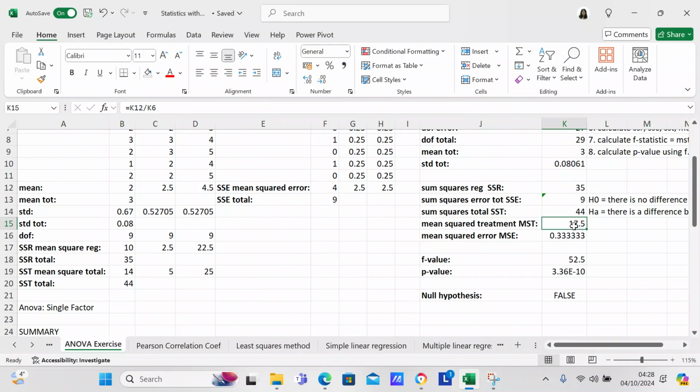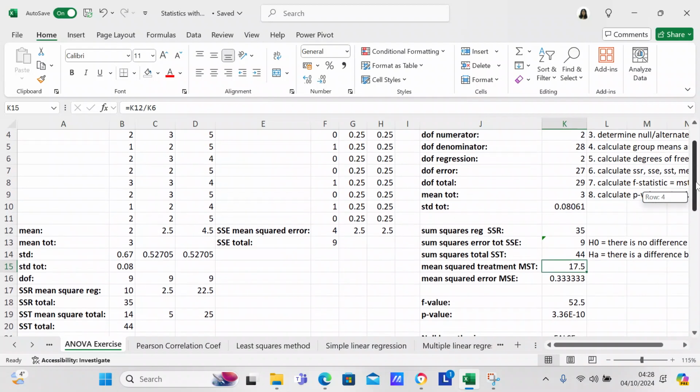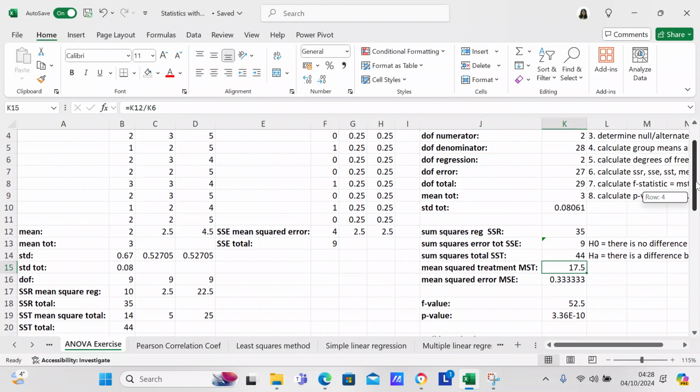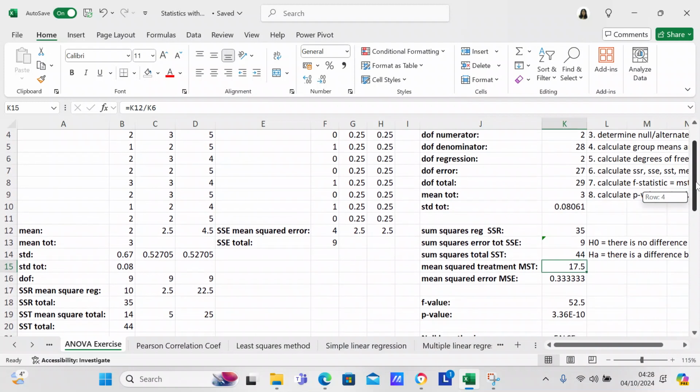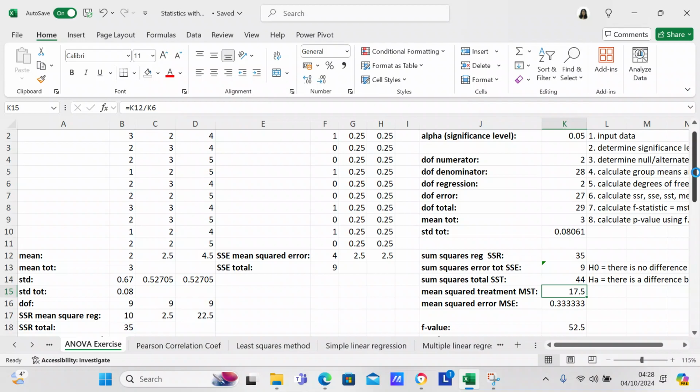And then this mean squares treatment is K12 over K6, which is the sum of squares regression, SSR, over K6, which is DOF regression, I believe.